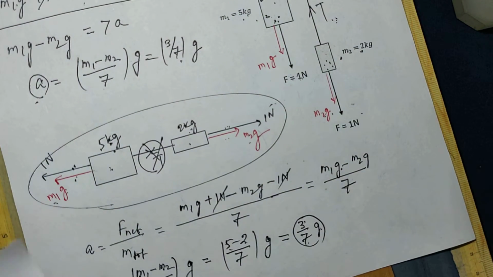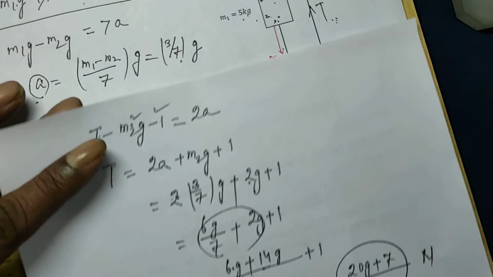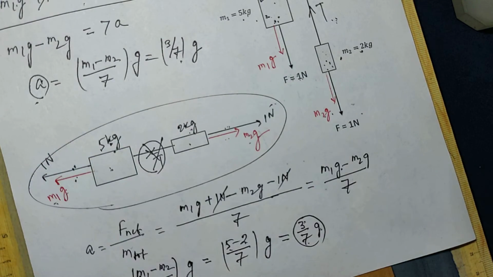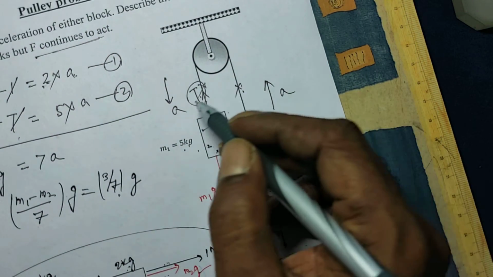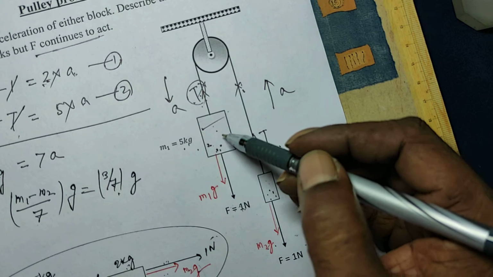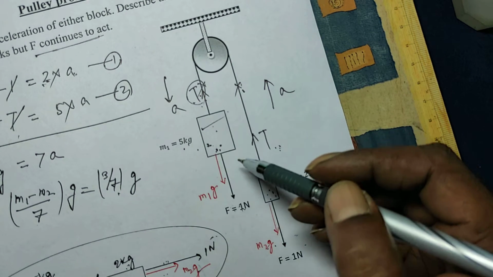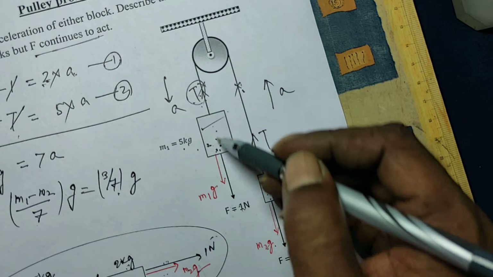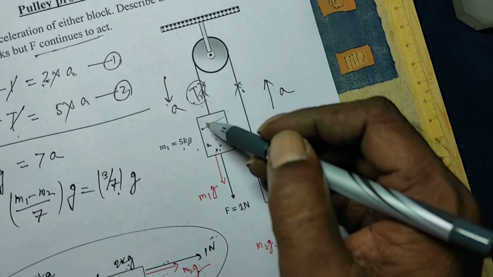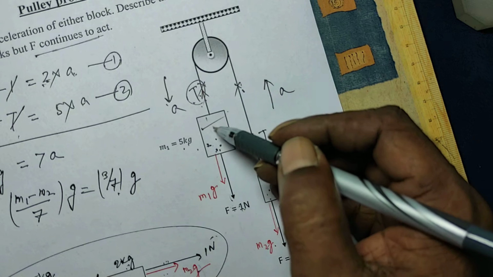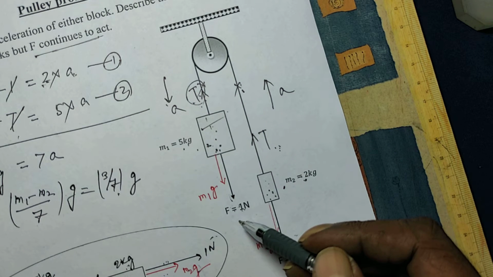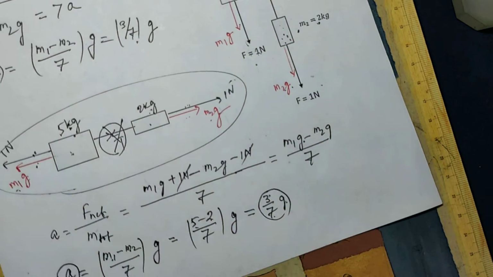Suppose the string breaks after time t. After time t, this was accelerated downward, not upward. So this has moved down by some distance and its velocity has increased for time t.